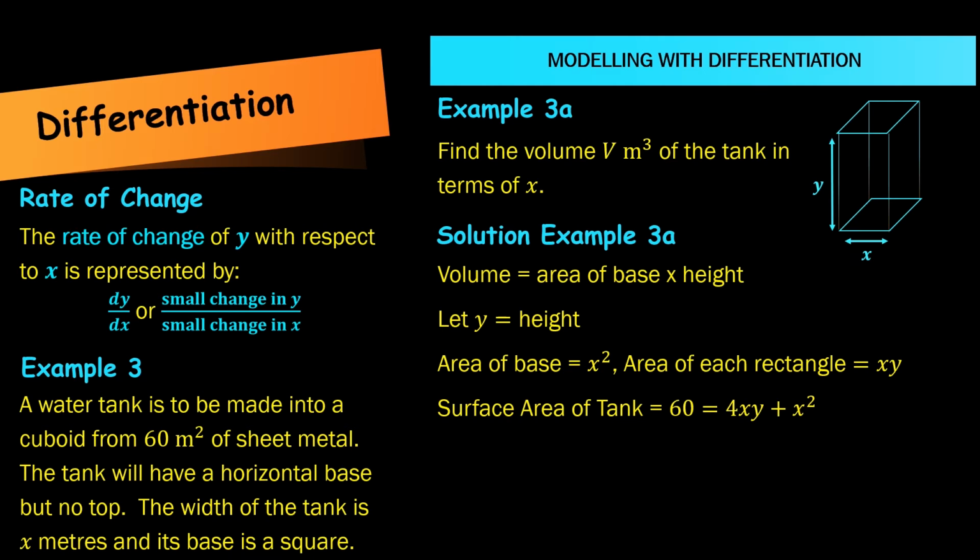We can also express the surface area of the tank in terms of the four sides and the base. So here's the area of the base, which is x squared. And since the area of each rectangle on the sides is x times y, we have that the surface area of the tank is also composed of 4 of these side areas. So 4 times xy. Here, here, here, and here.